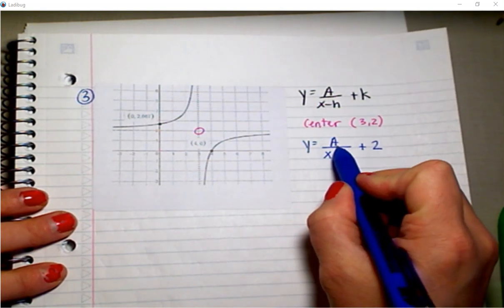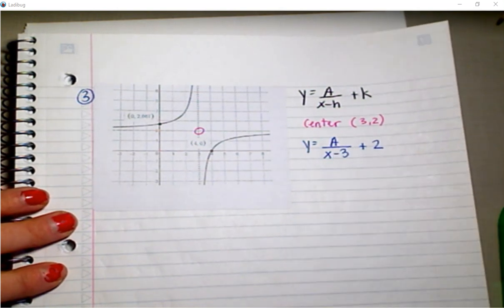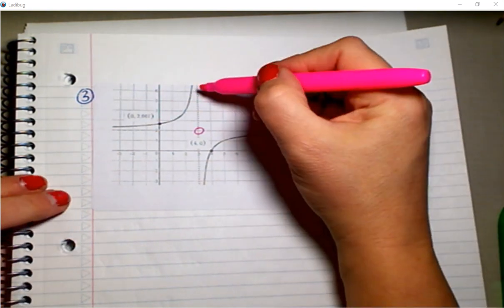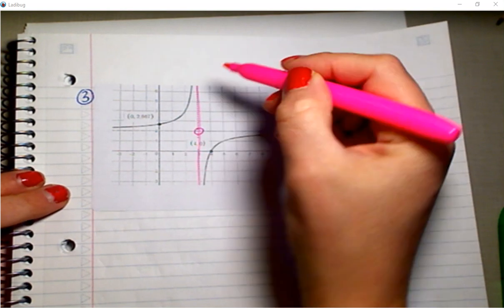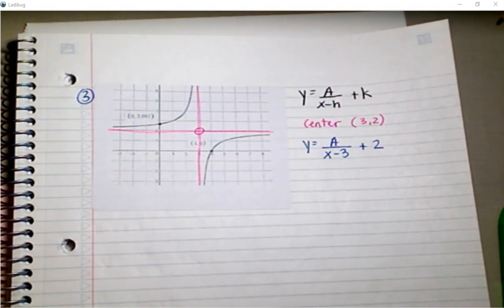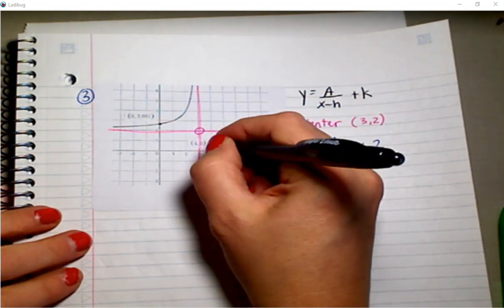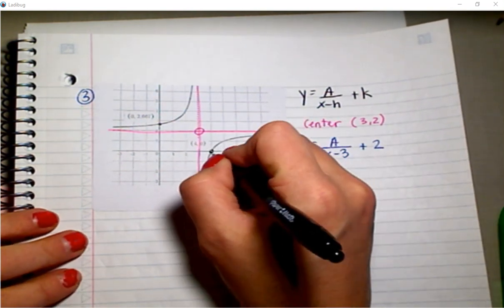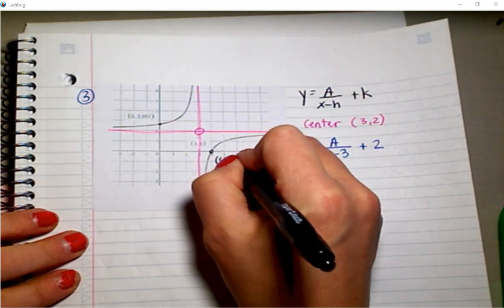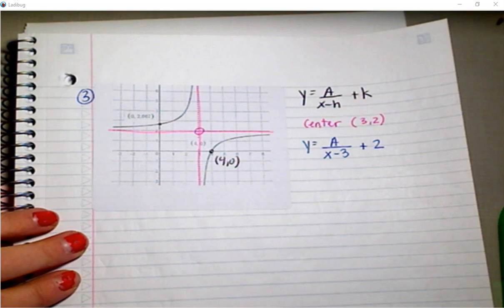And in order to find a, just like we did before, you could try to count the points from the center. I'm just going to draw on my asymptotes. Or you can pick a point and solve. So I see this point here, which is 4, 0. I'm going to plug that one in and solve for a.